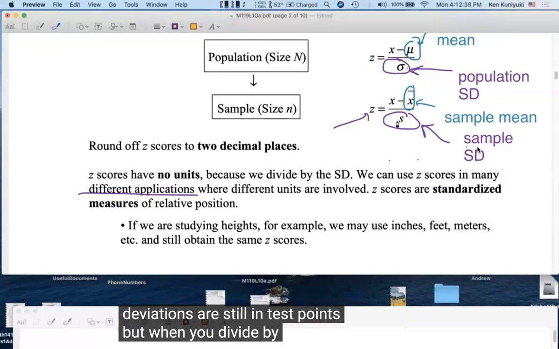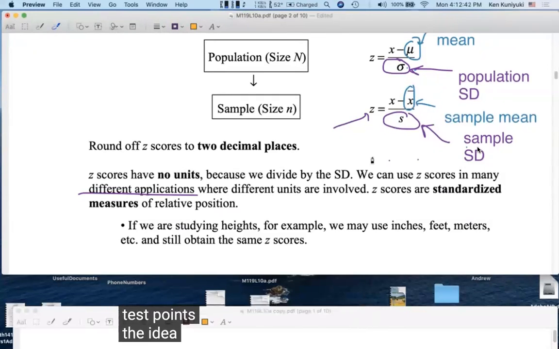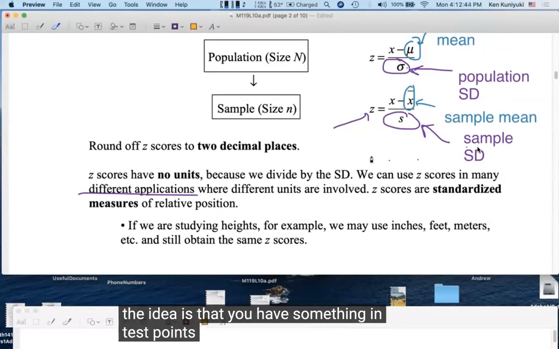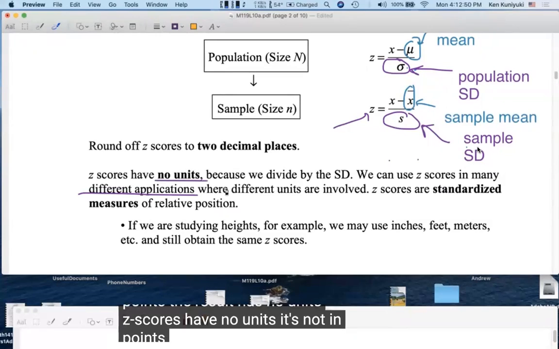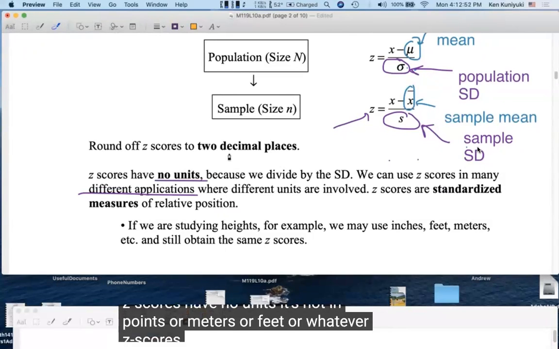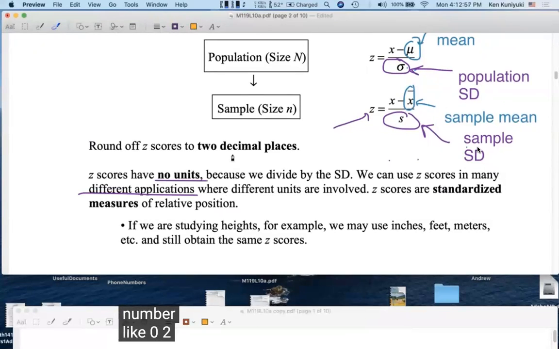But when you divide by the standard deviation, that's also going to be in test points. So you have something in test points divided by something in test points. The result has no units. Z-scores have no units. It's not in points or meters or feet. It's a pure raw number, like 0, 2, or negative pi.